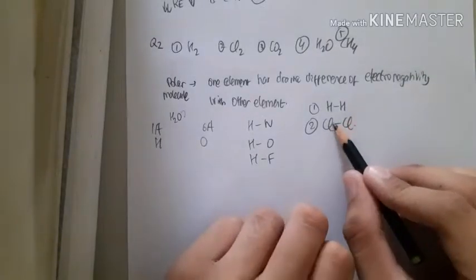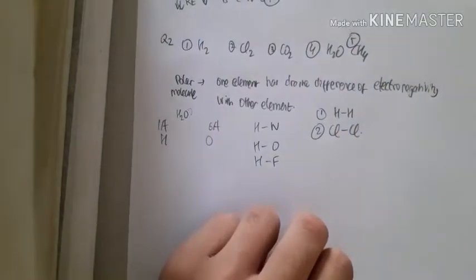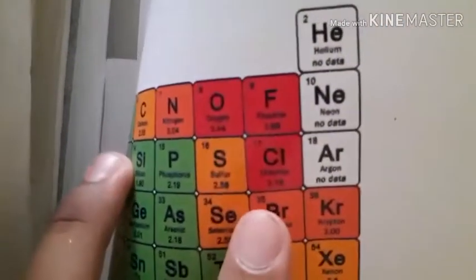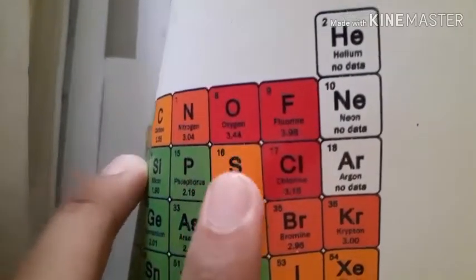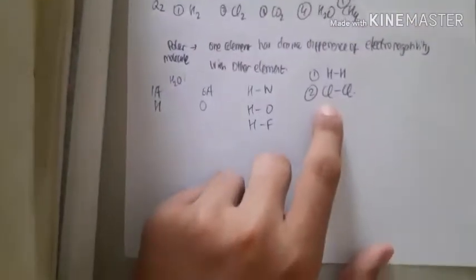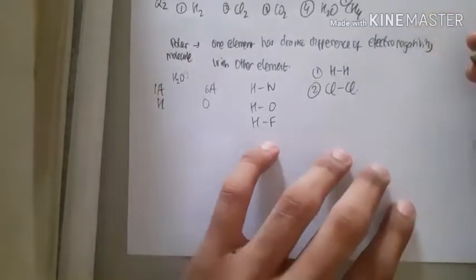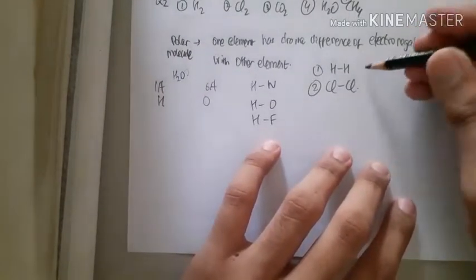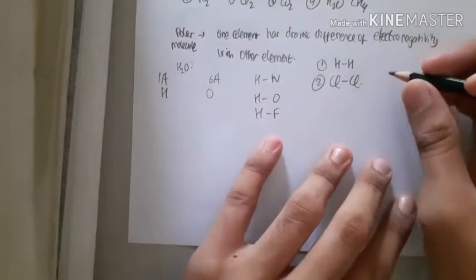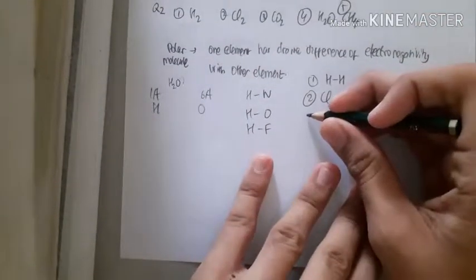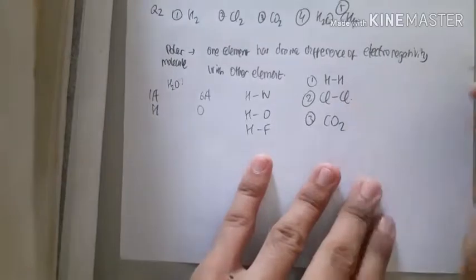Although this element is very high in electronegativity, it has 3.16 actually. But because they are both bonded together, they don't have any difference in electronegativity. Therefore, it is non-polar.